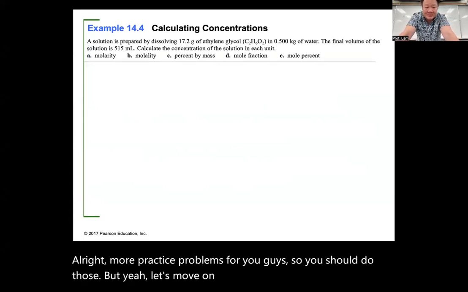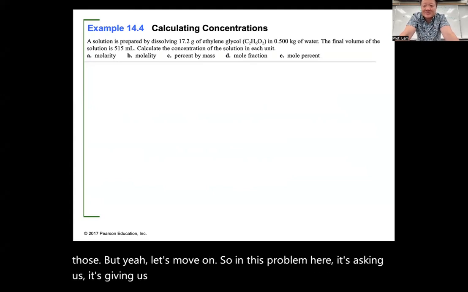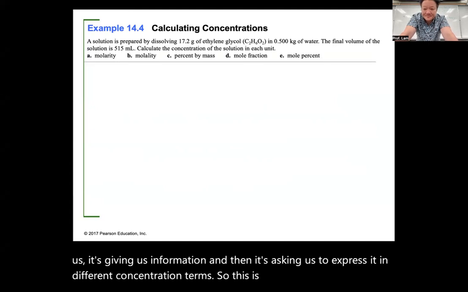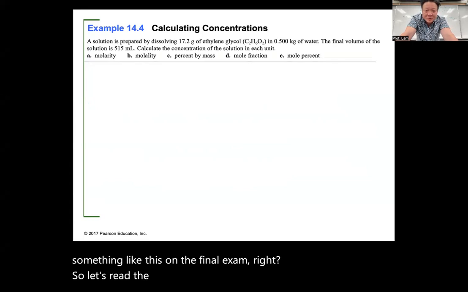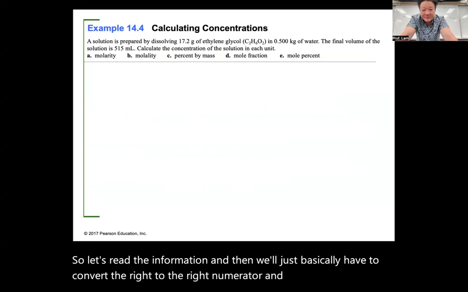So in this problem here, it's giving us information, and then it's asking us to express it in different concentration terms. So this is great practice. Definitely something like this on the final exam, right? So let's read the information, and then we'll just basically have to convert to the right numerator and denominator for each.